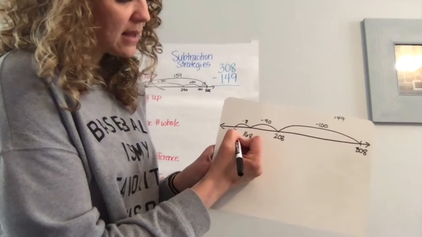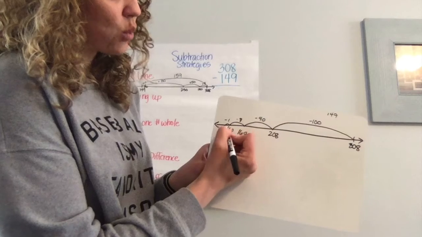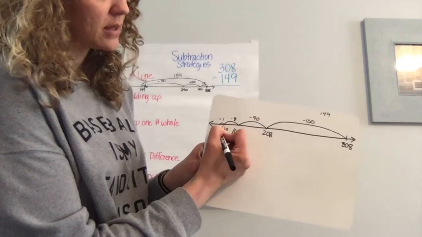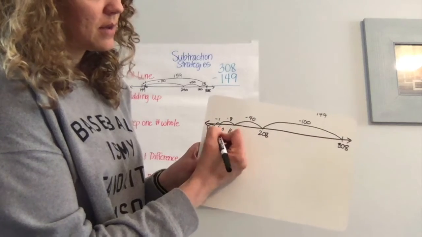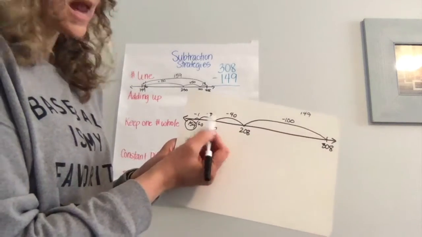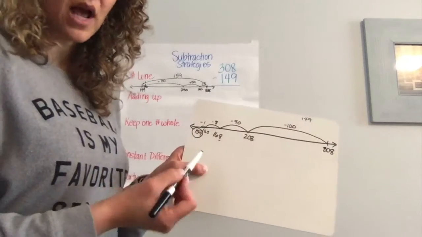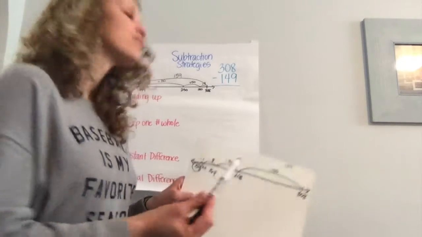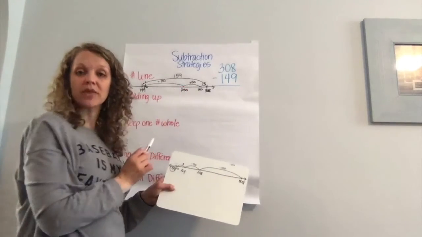So minus 8 gets me to a friendly number, and then minus 1 gets me to the end. So now I've subtracted 140 and 9 to make minus 149. But now the 159 is where I landed, not the jump that I made.